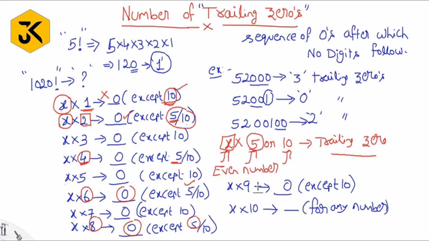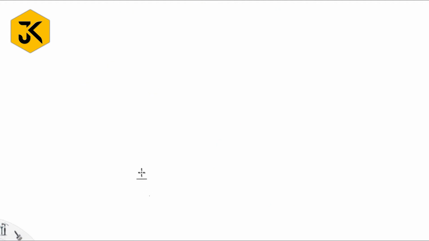Okay, fine. So what I am saying is, for either 5 or 10, you will get a trailing 0. But the condition is, for 5, the multiplied number should be an even number. For example, let us take 5 factorial.